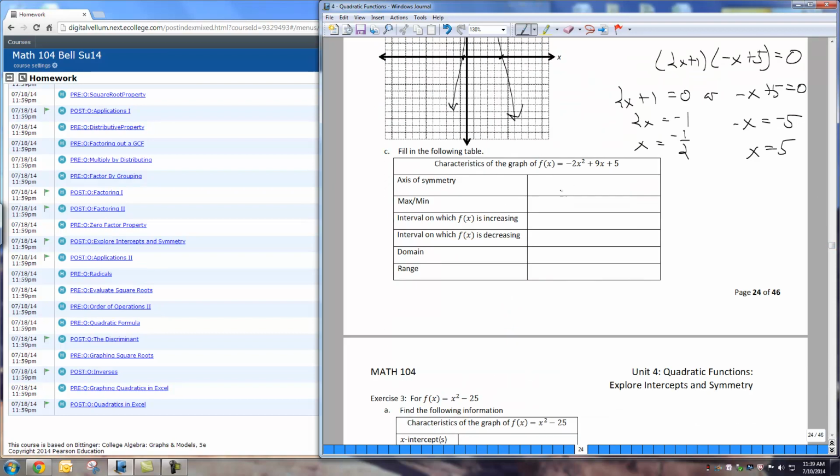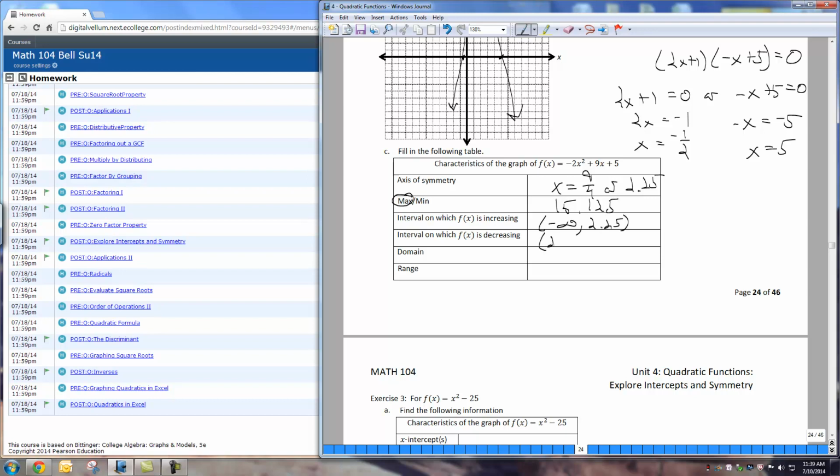Our axis of symmetry is x equals 9/4 or 2.25. Since our graph opens down, we have a maximum at 15.125. Notice it's increasing on the left-hand side of the axis of symmetry, so it increases from negative infinity to 2.25.